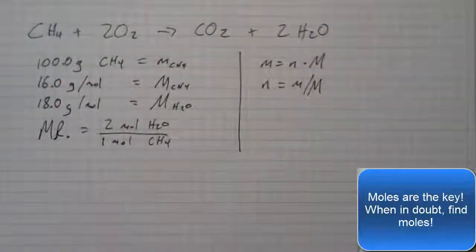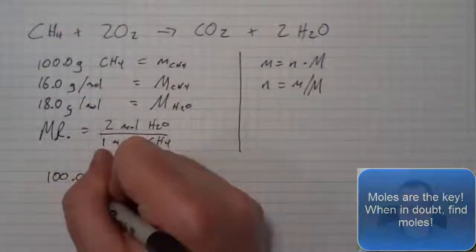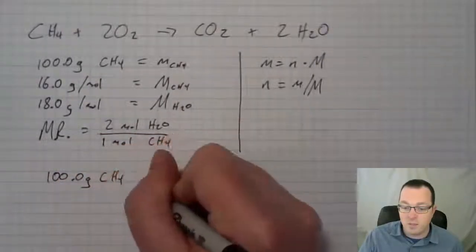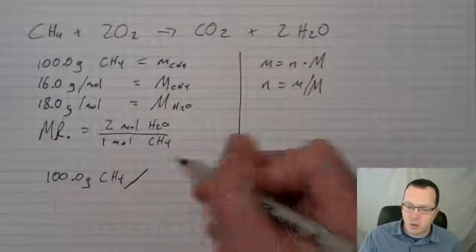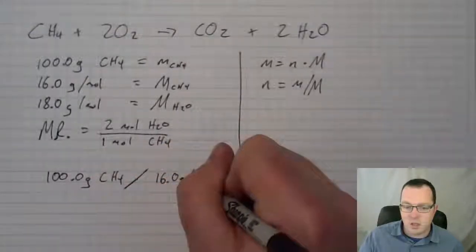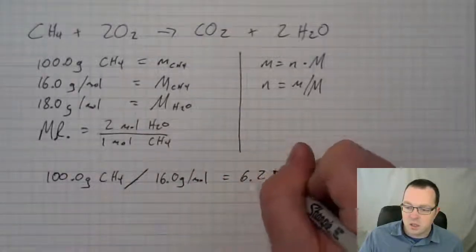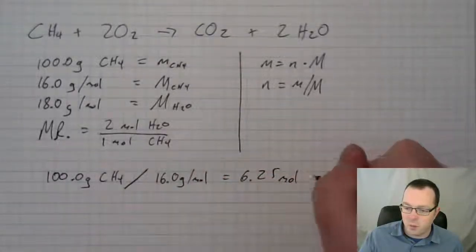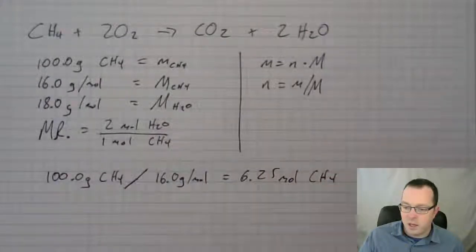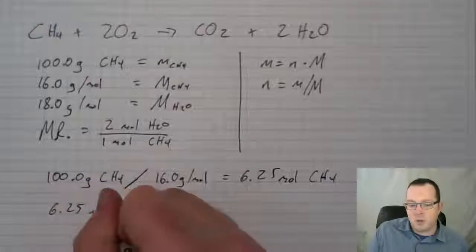Let's use that one. We need to find the moles of methane. So 100 grams of methane, and this time we're going to divide it by the molar mass, 16.0 grams per mole, and that gives us 6.25 moles of methane. It's important to keep track of the chemical, so that's why I keep writing what chemical we're talking about.